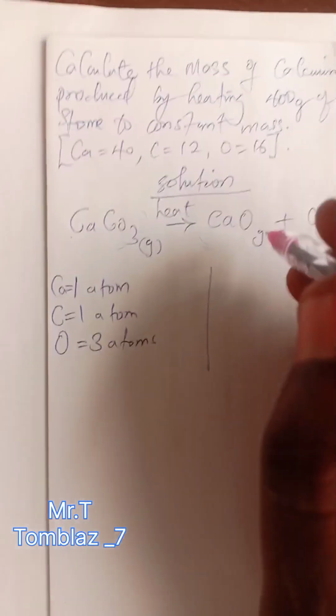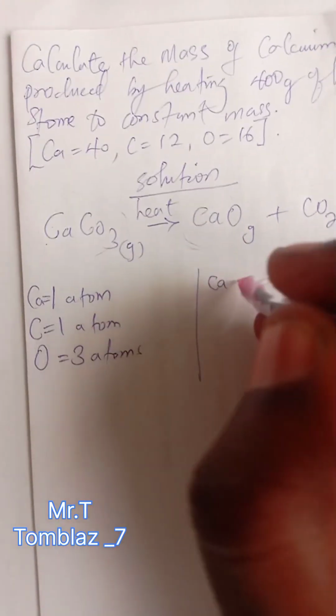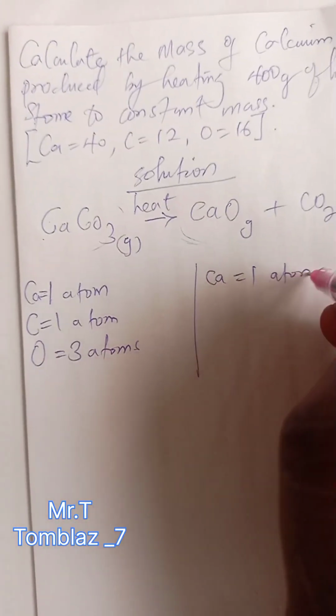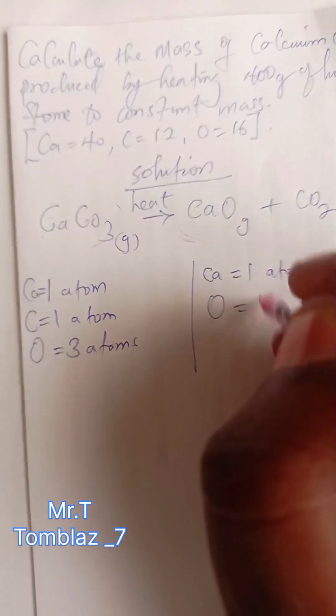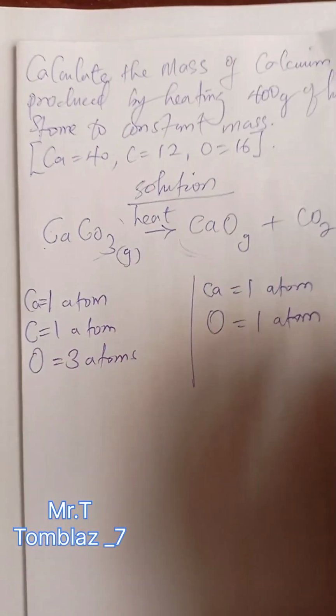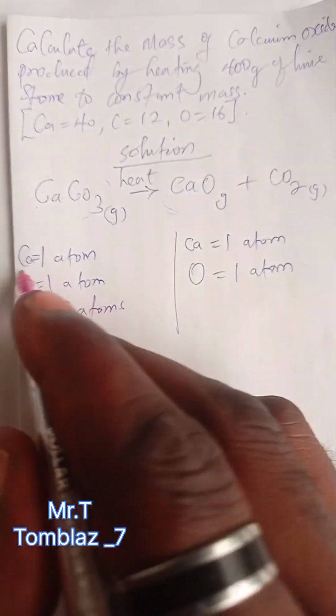So for calcium carbonate, calcium has one atom, carbon has one atom, and oxygen has 3 atoms. For calcium oxide, calcium has one atom, oxygen has one atom, right? So let's sum up their atomic masses.